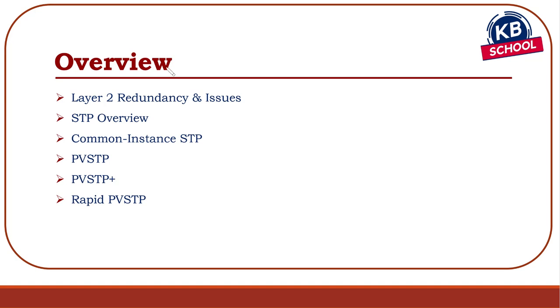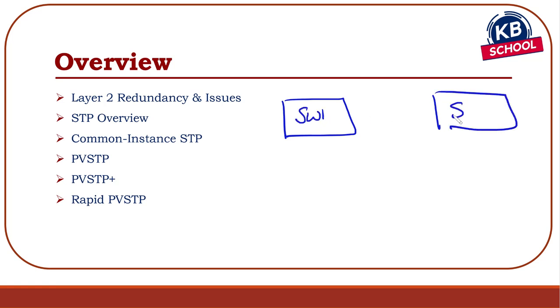We'll take a look at having a single point of failure between different switches. Let's say I have two switches over here, switch 1 connecting to switch 2, and I have PCs on both the switches.